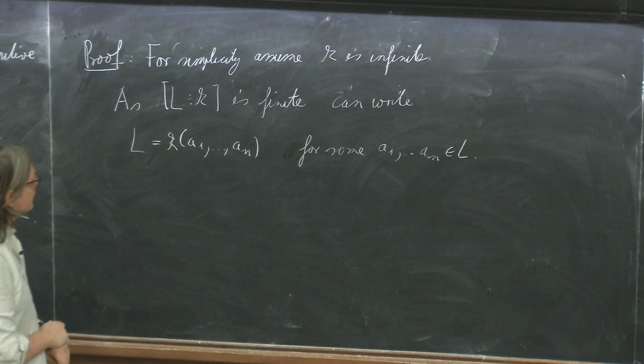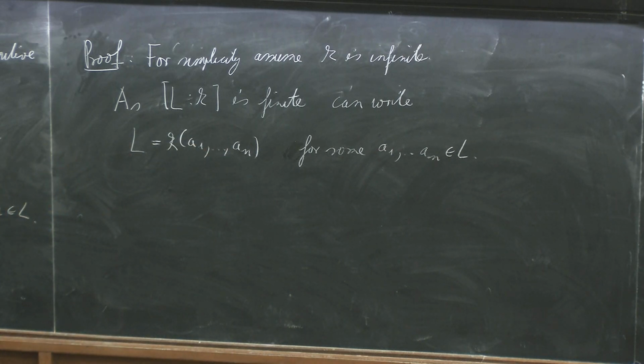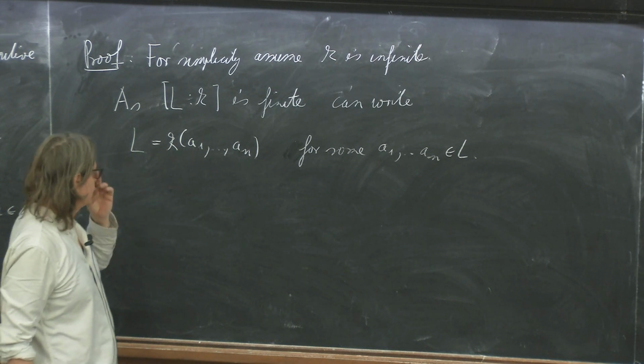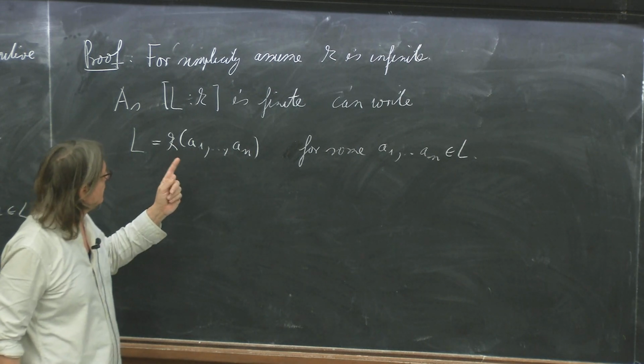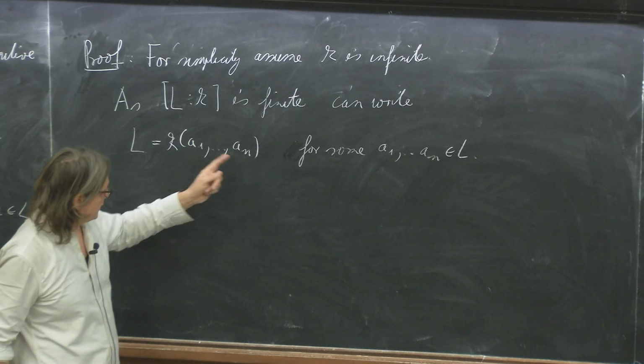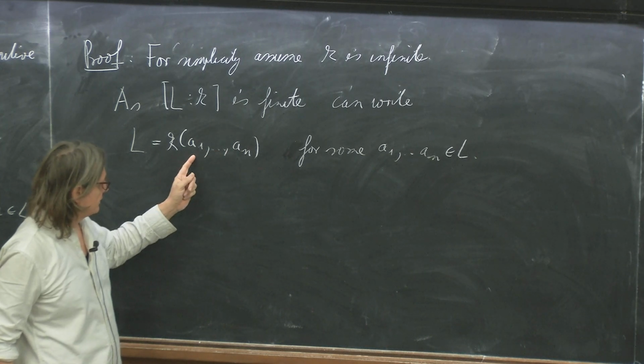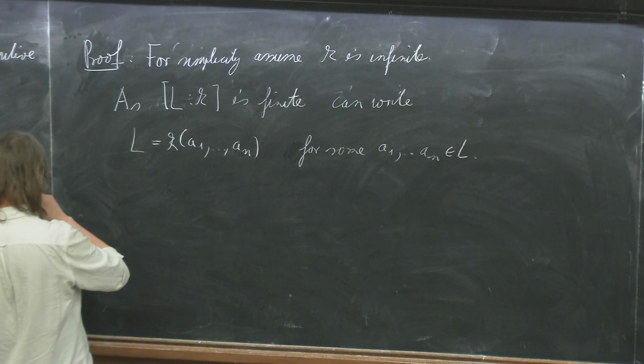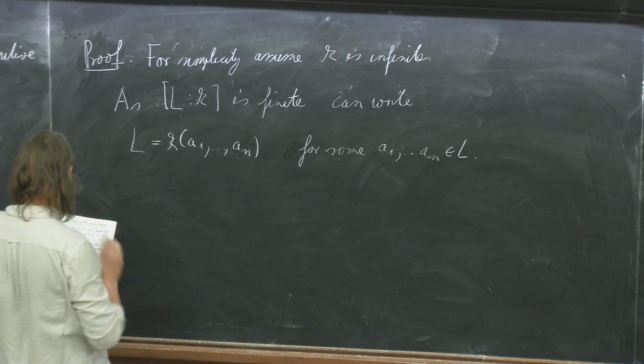So now we want to show that we can make do with only one. To make our problem a little bit simpler, we start by reducing how many elements we have here by using induction on the number of elements. So some kind of preliminary step.